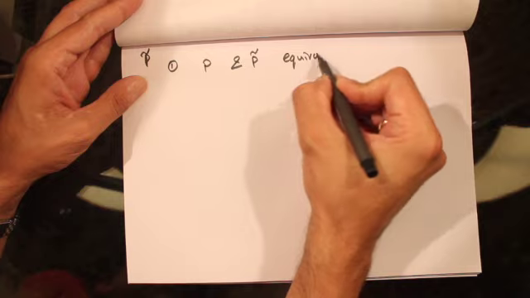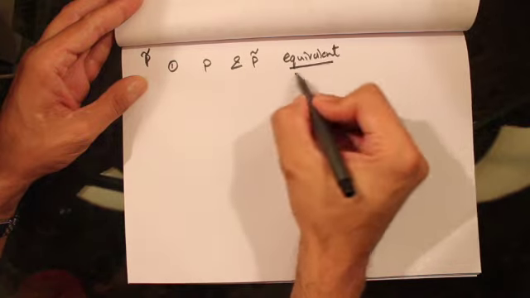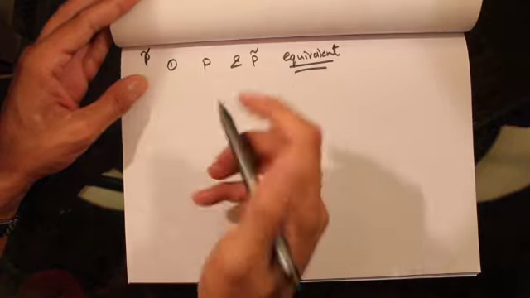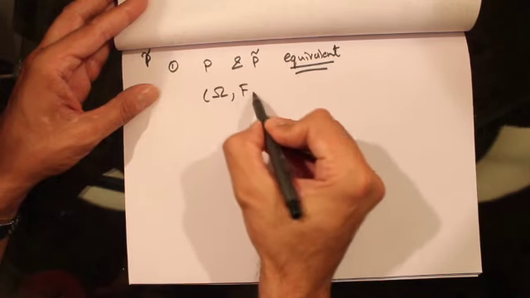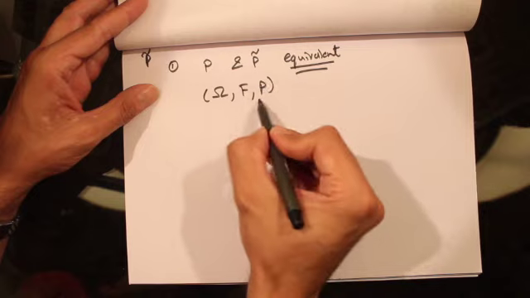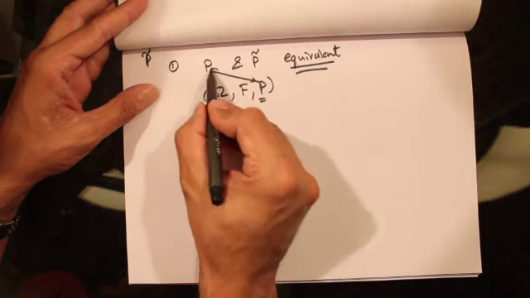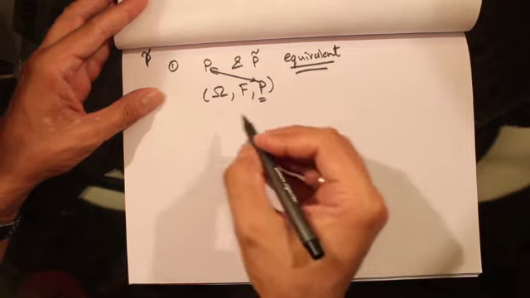Okay, and what do we mean by equivalent? If you remember, we had a probability space given by capital Omega, a sigma algebra, and a probability measure P, which was the actual probability measure.